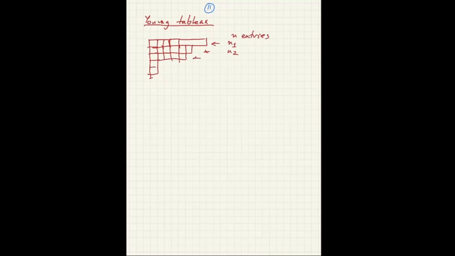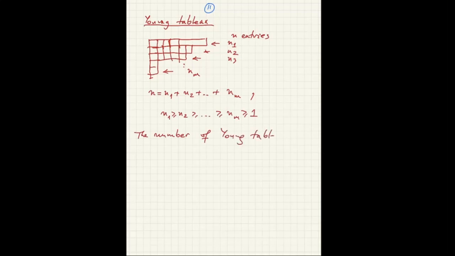Here we have n2. Here we have n3. Dot, dot, dot. Here we have nm, and clearly n equals n1 plus n2 plus up to nm, and we have that n1 is greater or equal to n2 is greater or equal to nm, which is greater or equal to 1. So what we'll do next time is figure out the number of Young tableaux of this type.